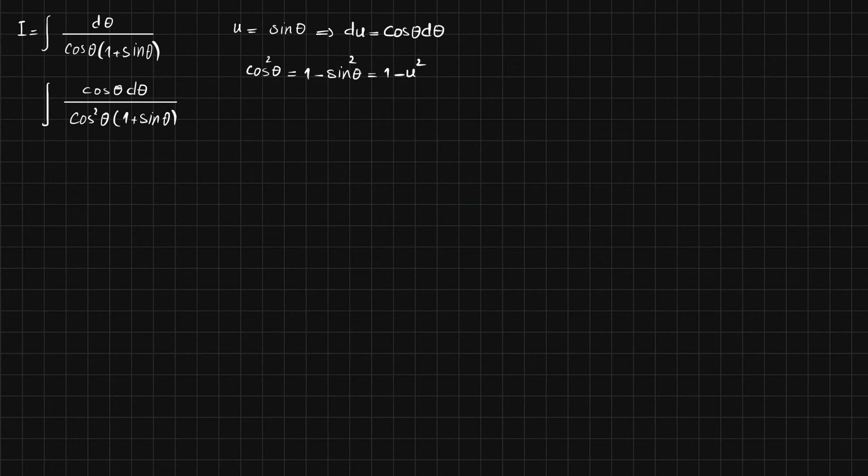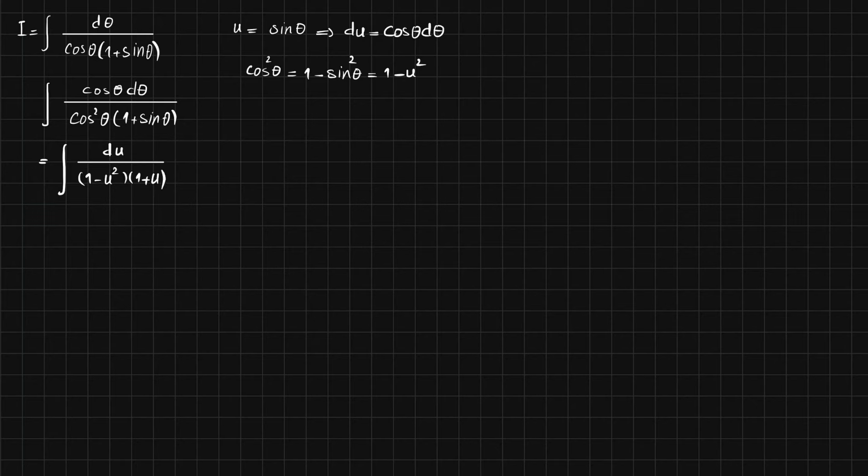So this integral becomes: instead of the numerator, I simply put du, and instead of the denominator, I put 1 minus u squared multiplied by 1 plus sine theta, but sine theta is u, so it becomes 1 plus u.